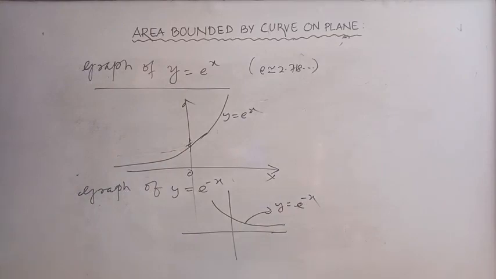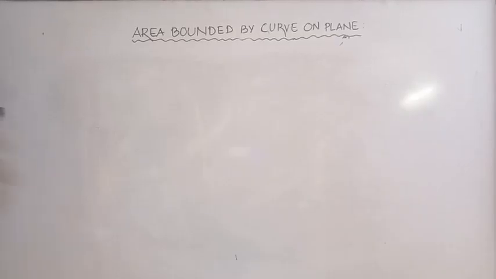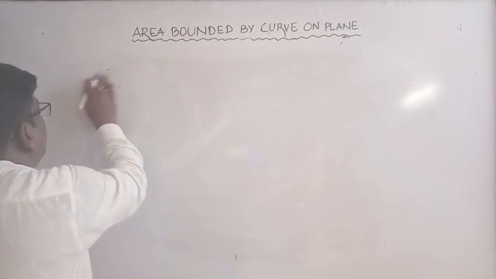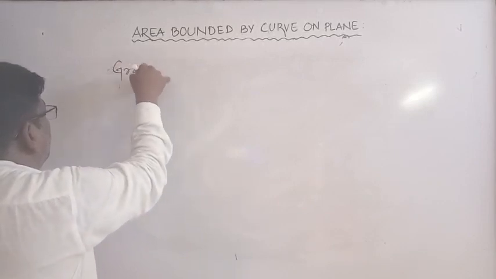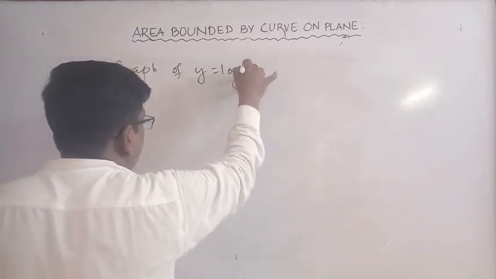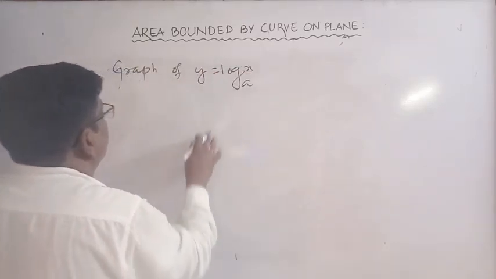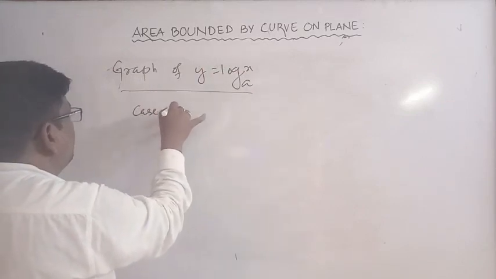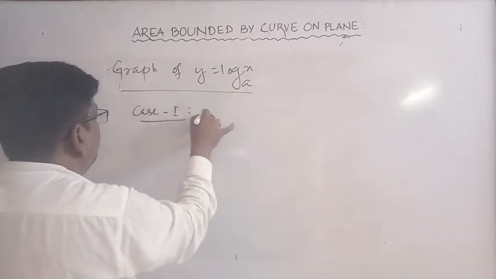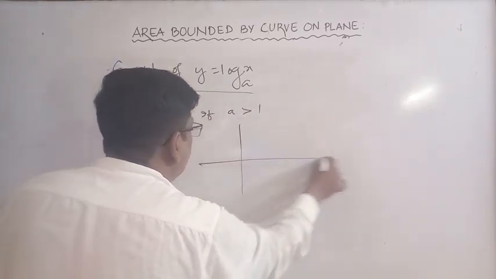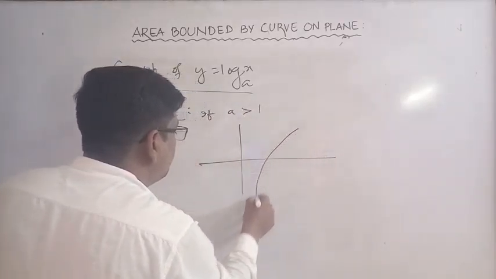Okay. Now the graph of y is equal to log x to the base a. First case 1, if a is greater than 1, the graph is like this.